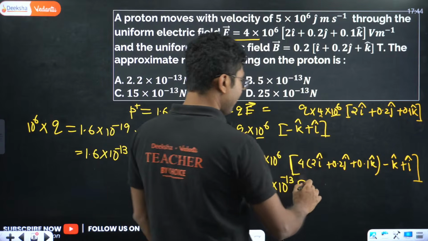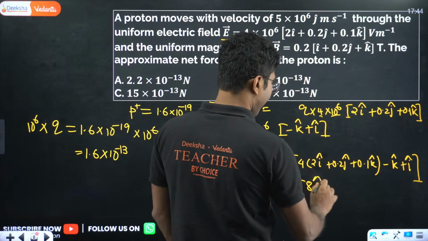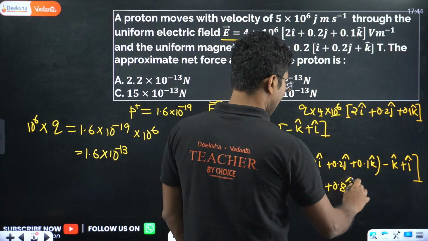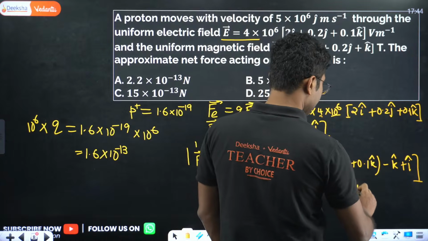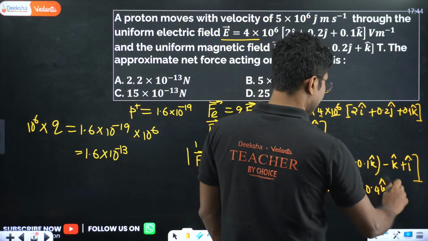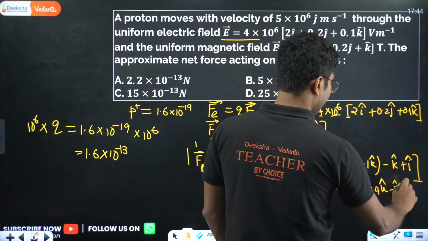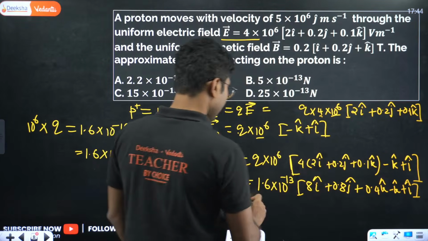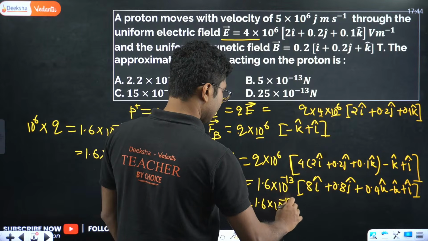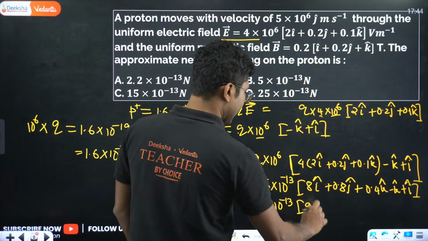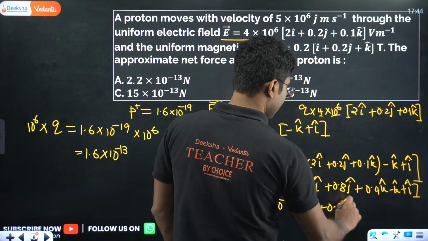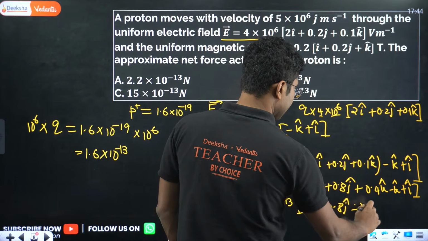Now 8 i cap plus 0.8 j cap plus 0.4 k cap minus k cap plus i cap. Or it will be 1.6 into 10 to the power of minus 13, 9 i cap plus 8.8 j cap minus 0.6 k cap.